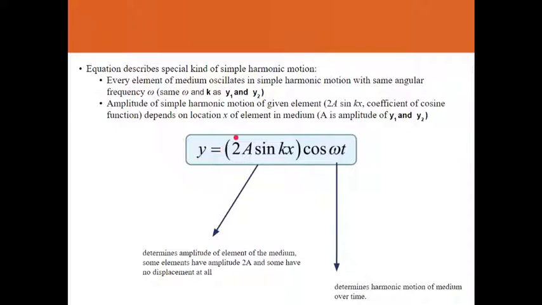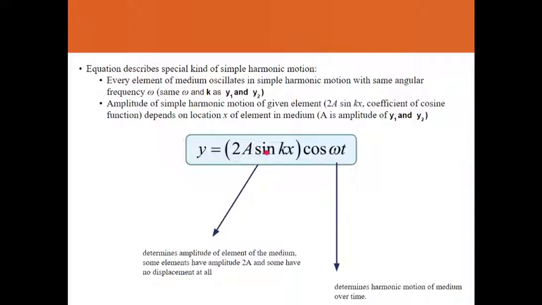Then you'll note that the amplitude term is not just the original amplitude of each wave, but now it's twice that. But also, there's a sine kx here. So this whole term determines the maximum amplitude of any point in the medium.